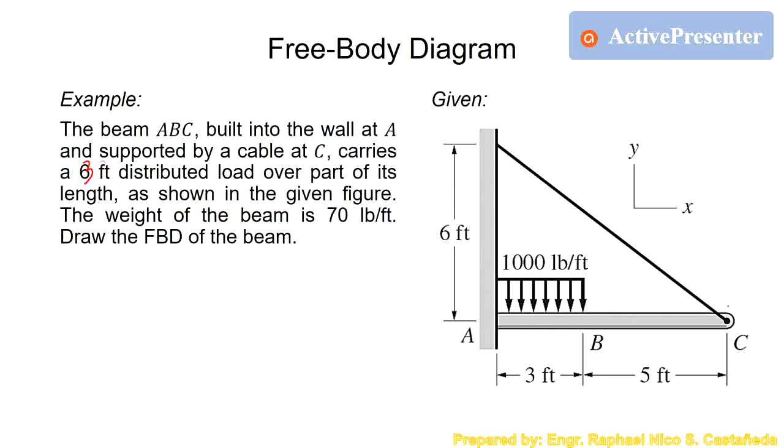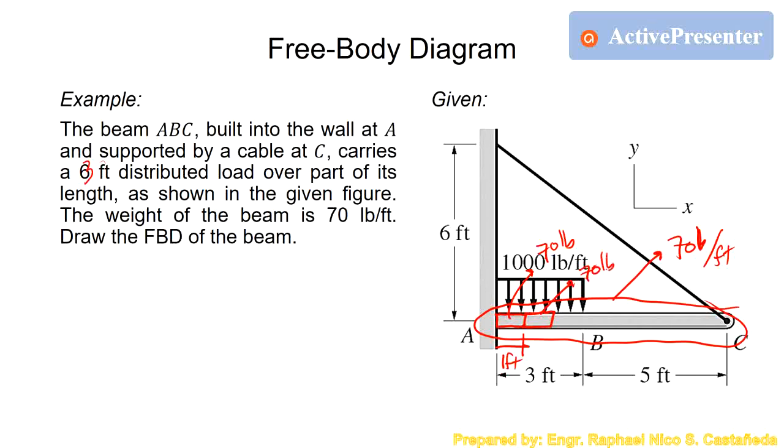According to the problem, the weight of this beam right here is 70 pounds per foot. What it means is that if we take 1 foot, for example this one right here, the weight of this one is 70 pounds. If we take another foot, that is another 70 pounds.